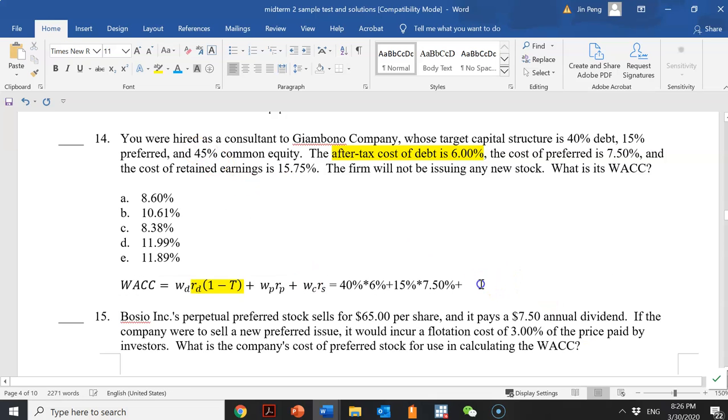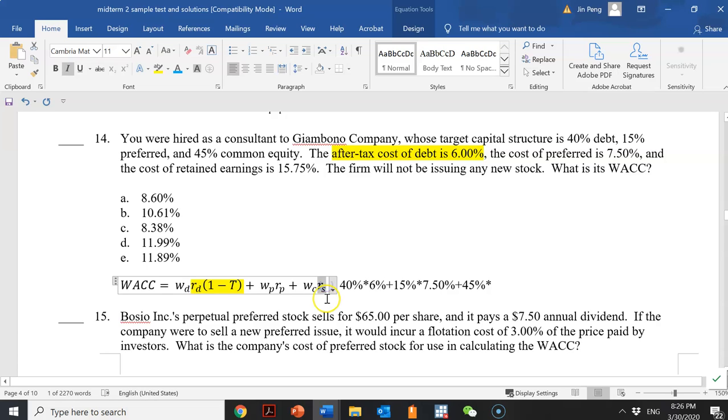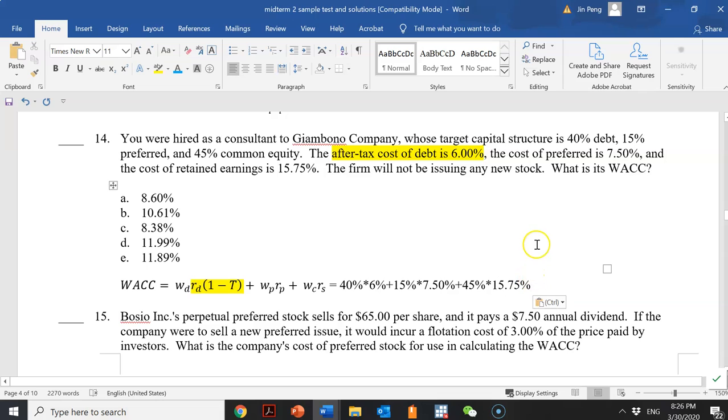So it's 45%, and we multiply by the cost of retained earnings, RS. We use WC, weight for common stock, multiplied by RS, cost of common stock, 15.75%. And add them up. So we could have 10.61%.